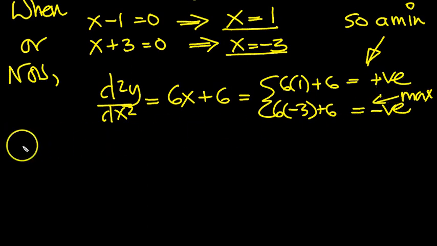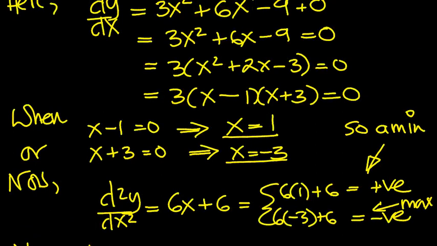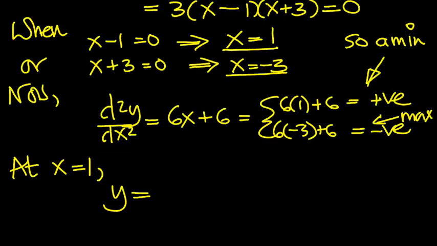And we know whether they're positive or negative. So let's just get the y values to get the coordinate, just in case that's needed. So y is equal to then, put 1 in, it's easy enough to get. What's the equation originally? I've got it here now.